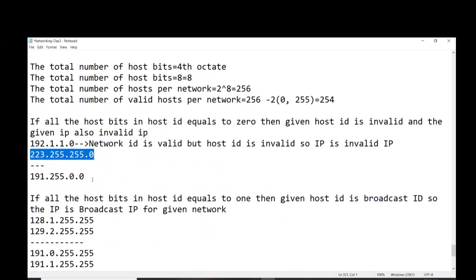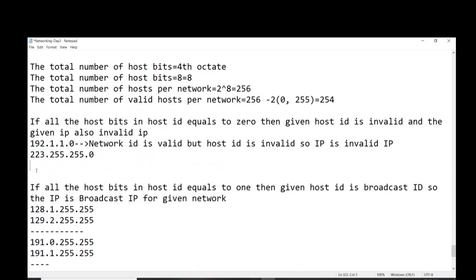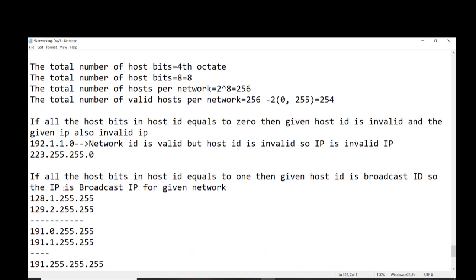If all the host bits in the host ID equal to 1, then the given host ID is a broadcast IP address.